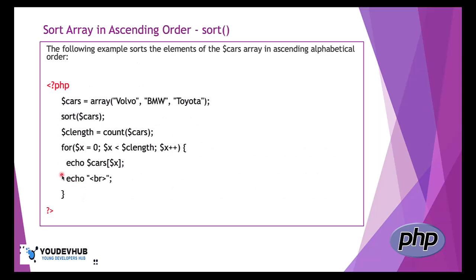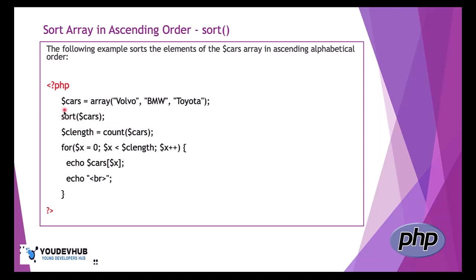So we have sorting an array in ascending order, or the sort function. This is how we have an array, and we say sort the array. Then the count gives the length of the car array. So if we say for each car starting from 0 to less than the length of the car, you should echo it out.